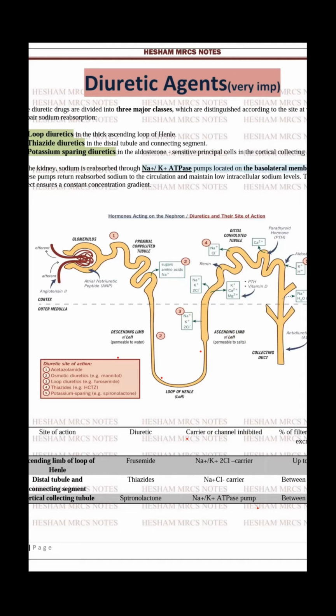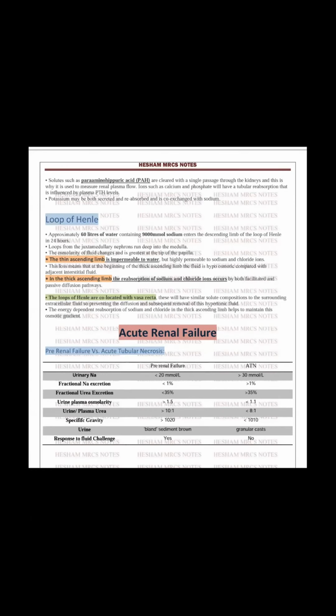Now, let's give some concepts about the difference between acute renal failure and pre-renal failure. As you see in this table, you have pre-renal and renal. How will you differentiate between pre-renal and renal?